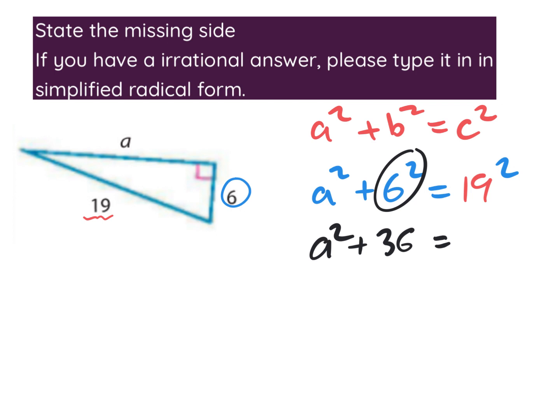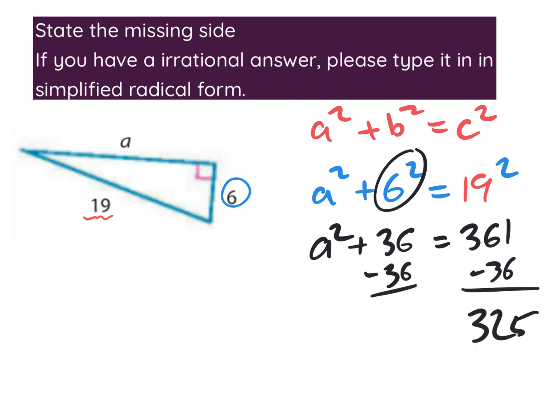That's the one you have to use a calculator on. That's 361. And then if we take away 36 from 361, we get 325. So we end up with a squared equals 325.